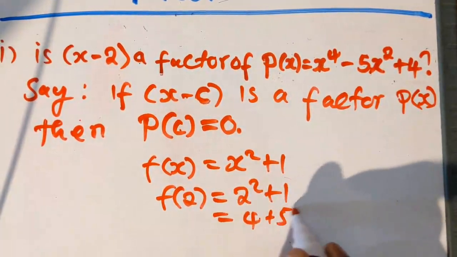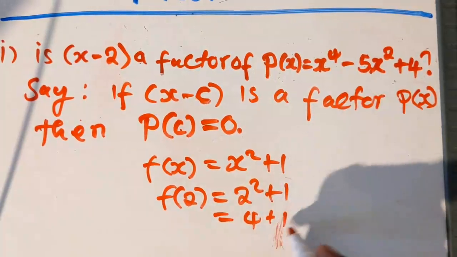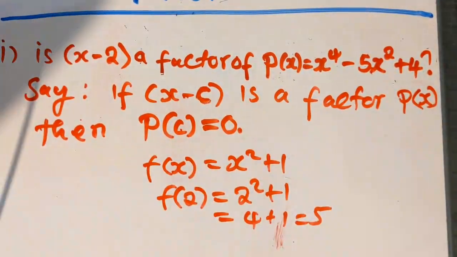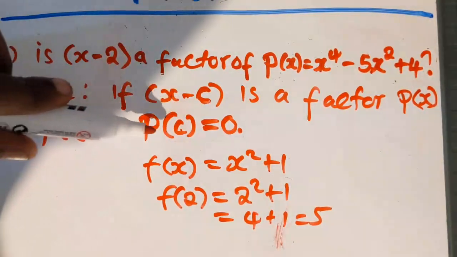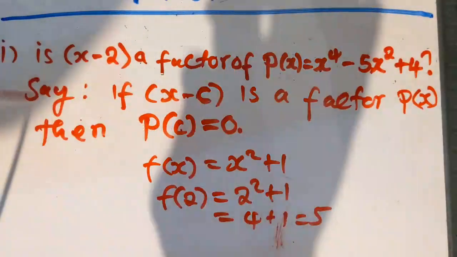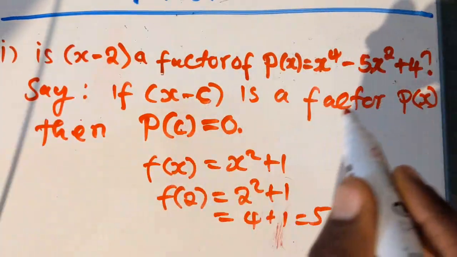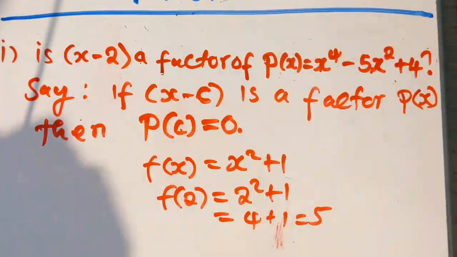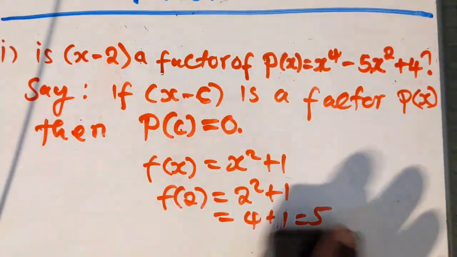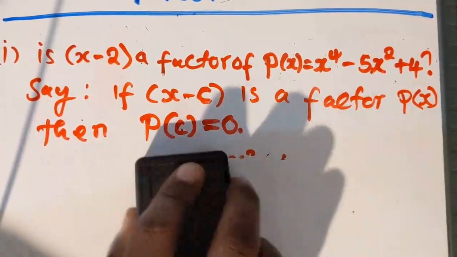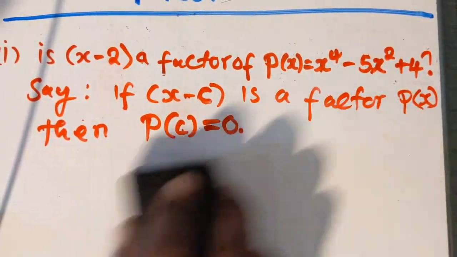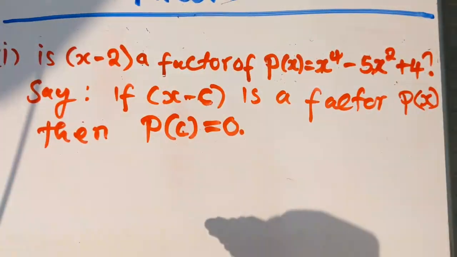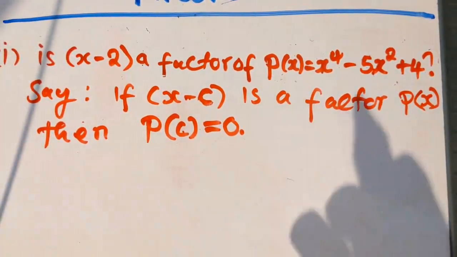This is what it means when they say p of c. When you put a number in a polynomial, if it is a factor, it's supposed to give you 0 after solving the problem. I hope you've understood.